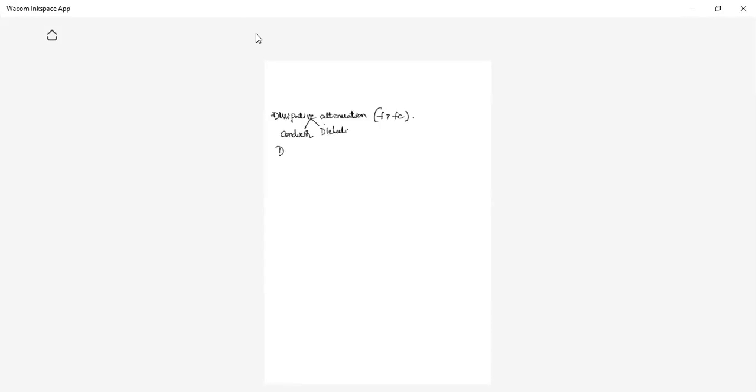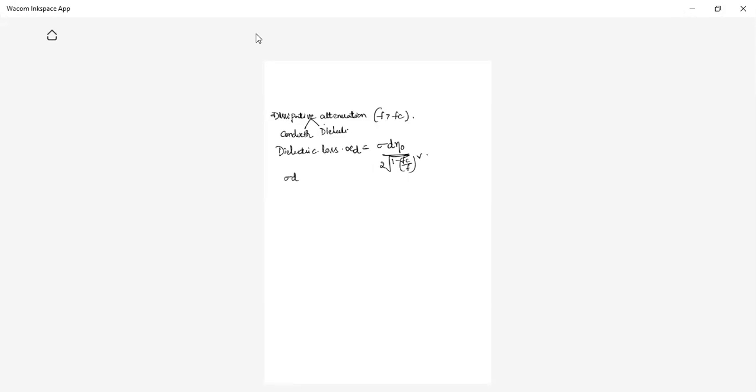For the dielectric losses, you need to remember these expressions. There is no shortcut, so please remember these expressions. Dielectric losses, alpha D, is nothing but sigma D eta naught by 2 into square root of 1 minus fc by f. To achieve this expression there is a big concept and a big derivation, but please remember this expression. What is sigma d?